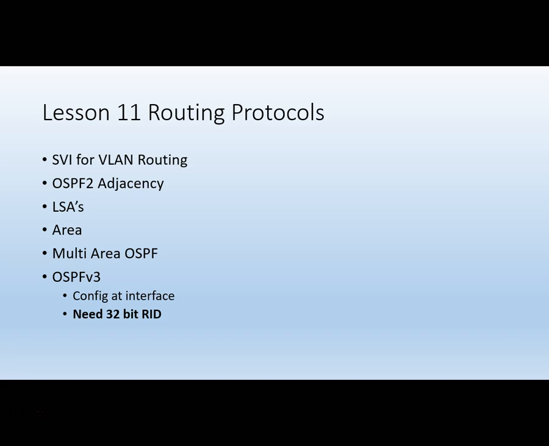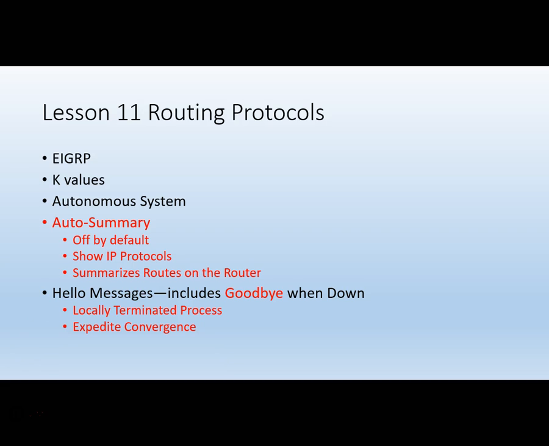OSPFv3 we configure at the interface, so all the interfaces that have OSPFv3 configured on them are going to be in the OSPF area. In any case, for IPv6, OSPF and EIGRP, we need a 32-bit router ID, a 32-bit RID that we have to configure. It looks just like an IPv4 address, but it has to be configured separately as a router ID.